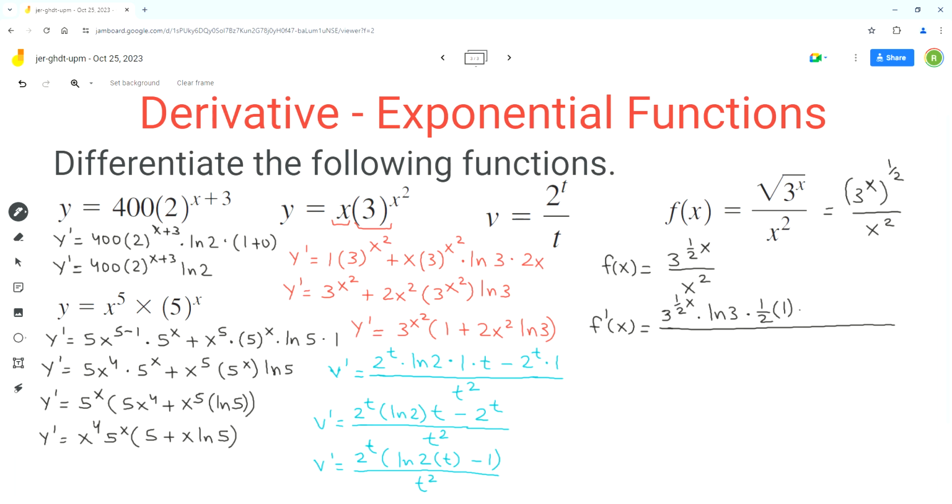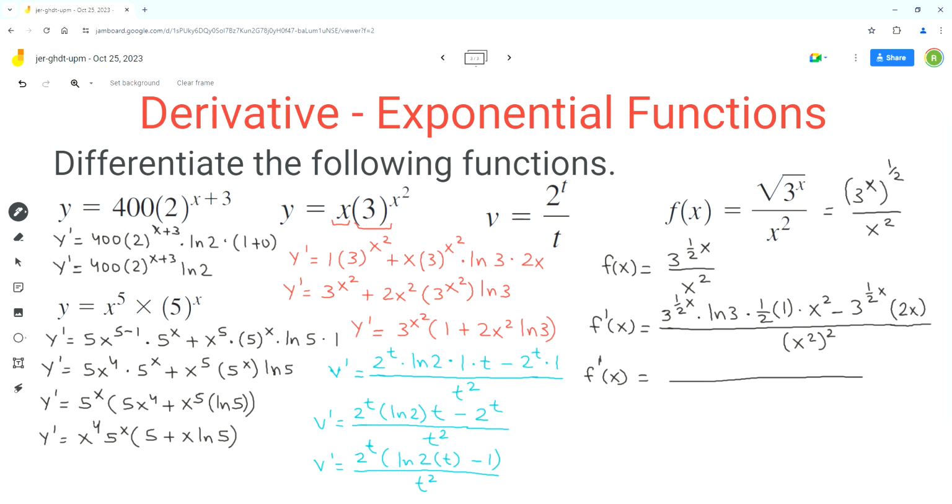times the denominator, which is x squared, and minus the numerator term times the derivative of the denominator, and as per the power rule, the derivative of x squared is 2x over the square of the denominator. Now we can simplify the numerator. Now in the numerator, in the first part, half times 1 is just half.